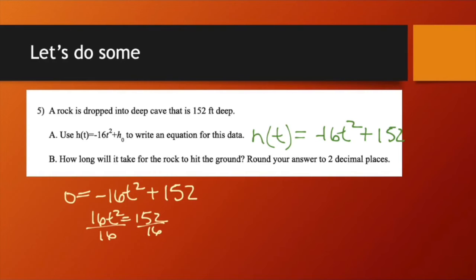I might just do t equals the square root of 152 over 16 and put that in my calculator. Be cautious, you guys, when you're doing this. Make sure you close your parentheses so it knows what's really under the square root in your calculator. Square root of 152 over 16, and the plus or minus, we'll talk about that in just a second.